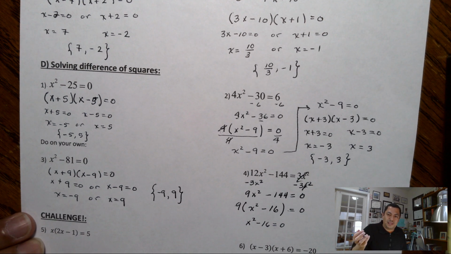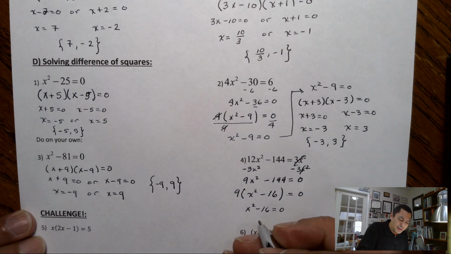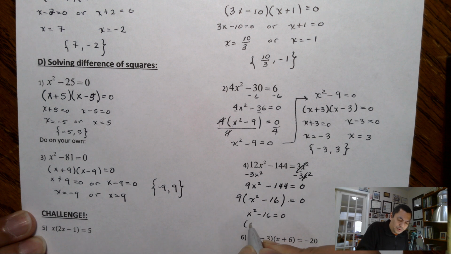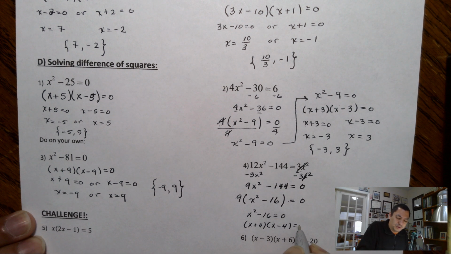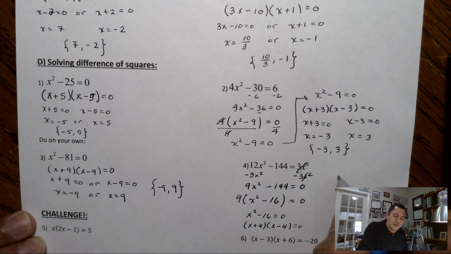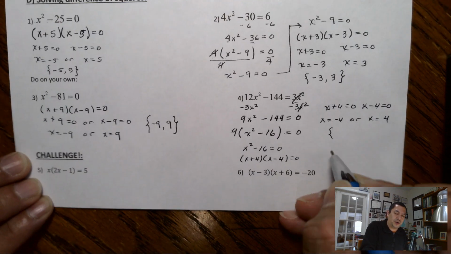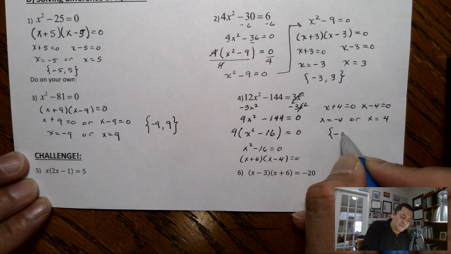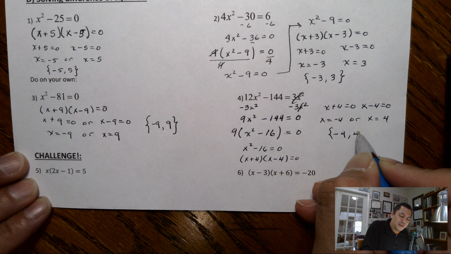We apply difference of squares, so we have x plus 4, x minus 4 equals 0. So x plus 4 equals 0 and x minus 4 equals 0, so x equals negative 4 or x equals 4. So my solution is negative 4, comma, 4.